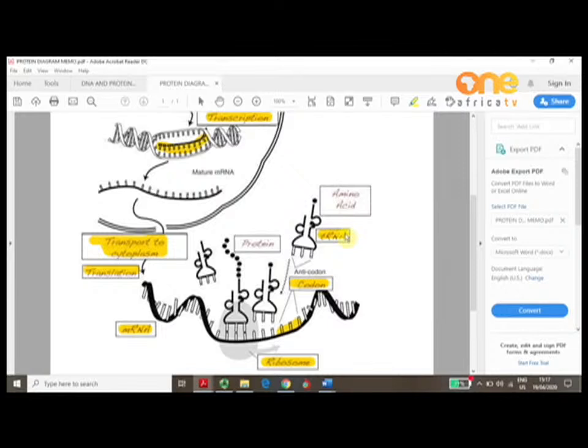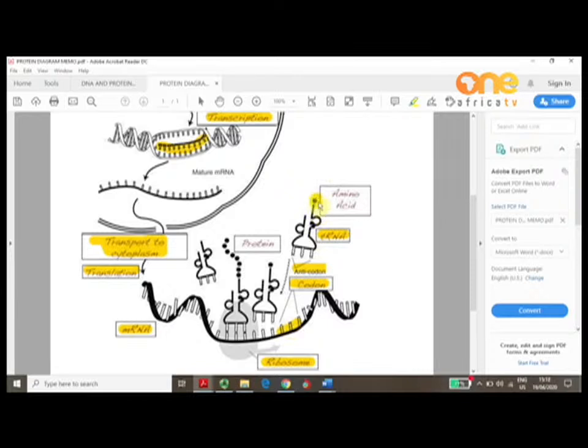The process of translation will take place when the tRNA, with its specific 3 nucleobases or nitrogenous bases, will attach to the anticodon.